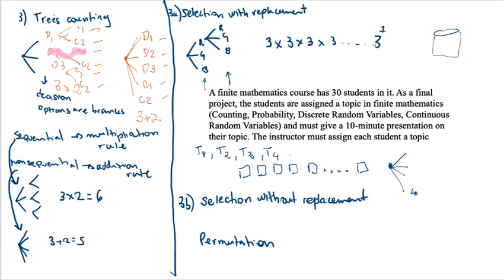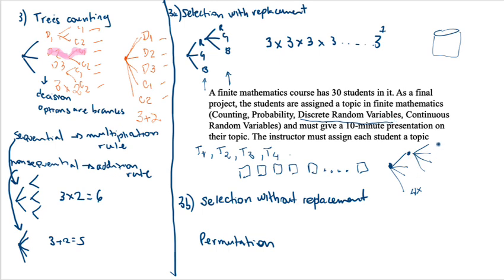Let's say it took theme 2. The next student and the next decision will also have 4 options because they're not excluded. If the first student took theme 2, it doesn't mean that the second one can't, right?